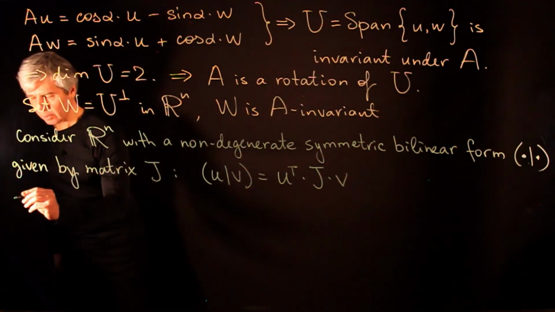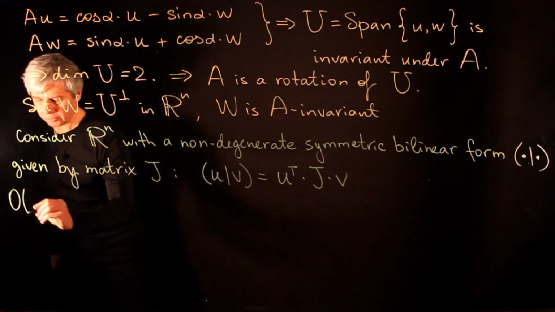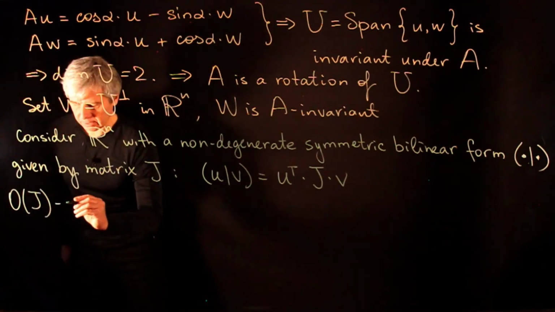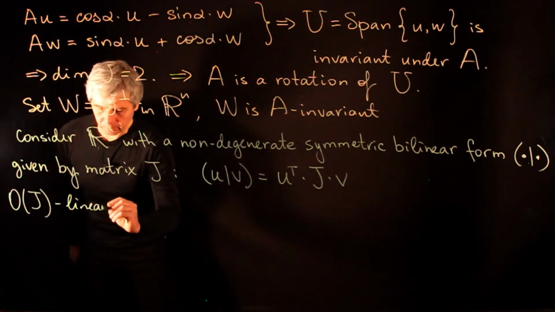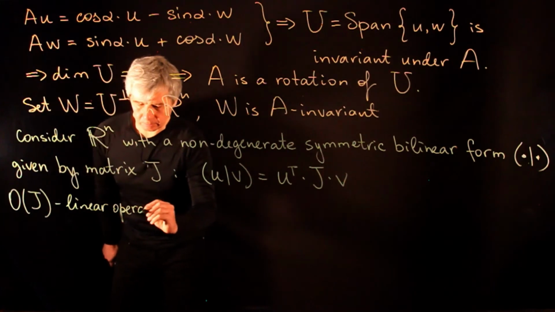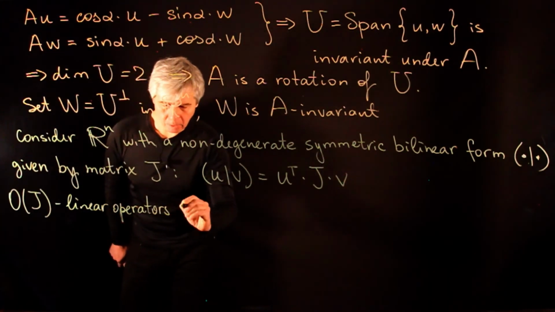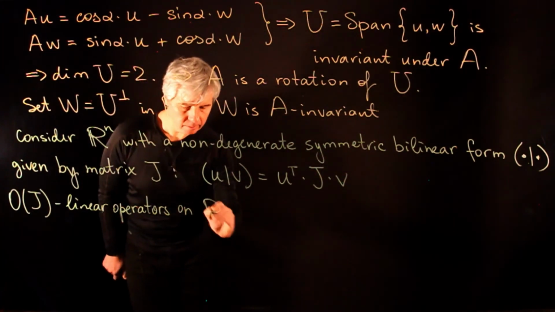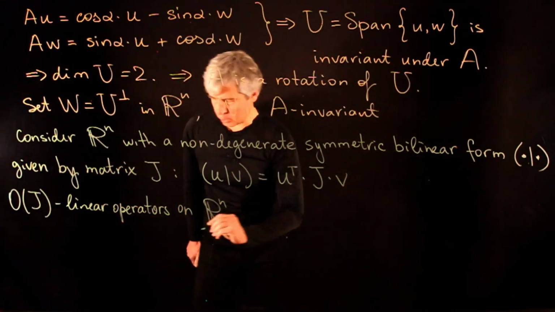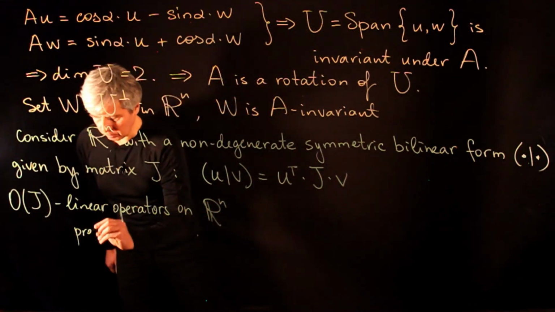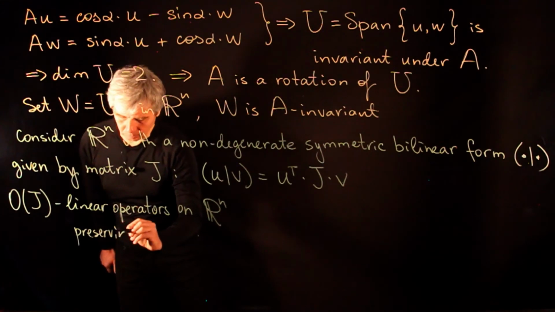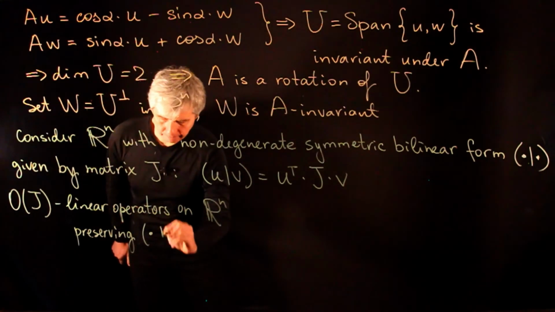We define the group O of J as linear operators on Rn preserving this bilinear form.